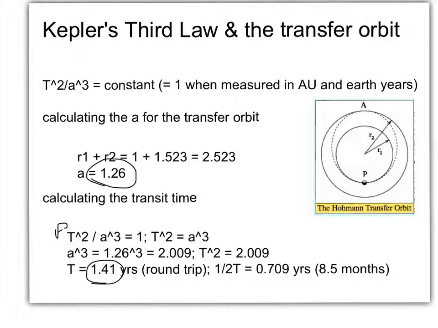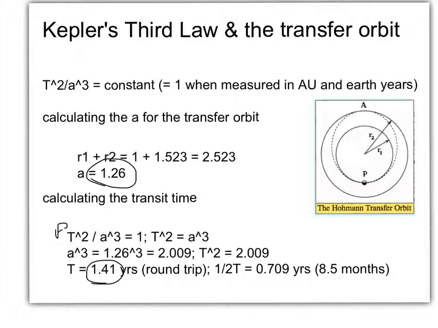So the Maven mission and India's MOM mission blasted off several months ago. And they will be arriving later this fall at Mars. So Kepler's law gives us this 8.5 month journey.